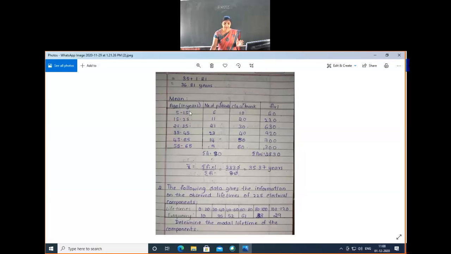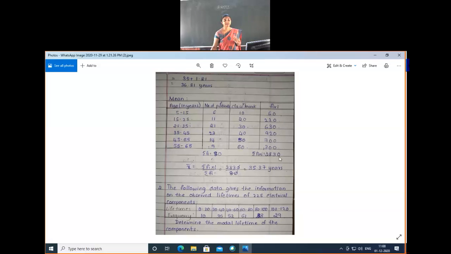Simple question, mode. For the same data, you have to find the mean also. See here, you have to arrange the data like this: age, number of patients. Then for finding the mean, you have to find the class mark. Here we have applied the direct method, fi into xi. To get the xi column, class mark is upper limit plus lower limit divided by 2.